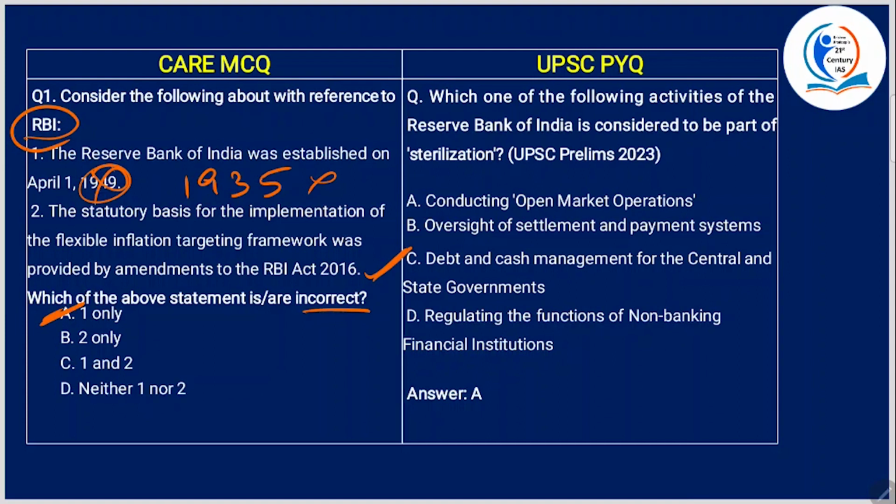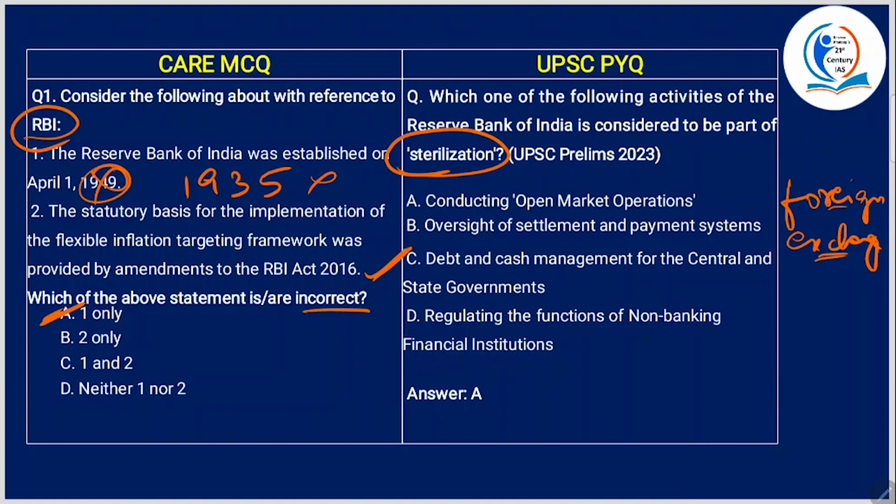All right. Now, which one of the following activities of Reserve Bank of India is considered to be a part of sterilization? Now, in economy, what is sterilization? Sterilization is an action taken by the central government to counterbalance the effects of foreign exchange interventions on domestic money supply and inflation.